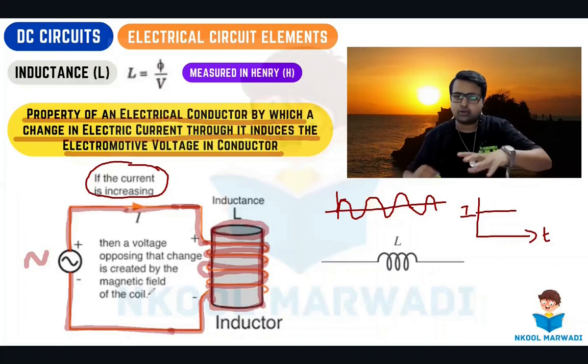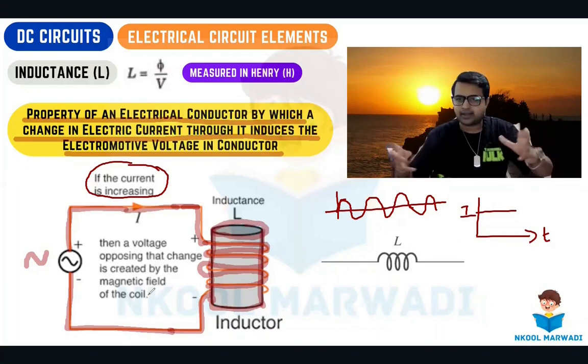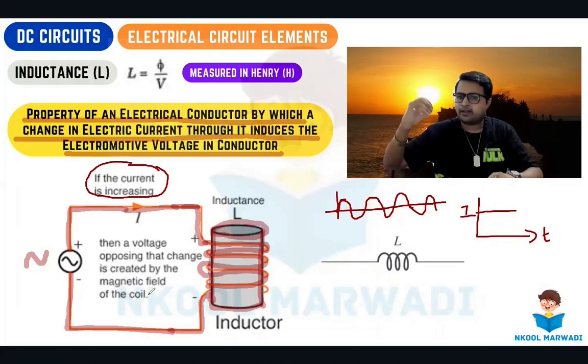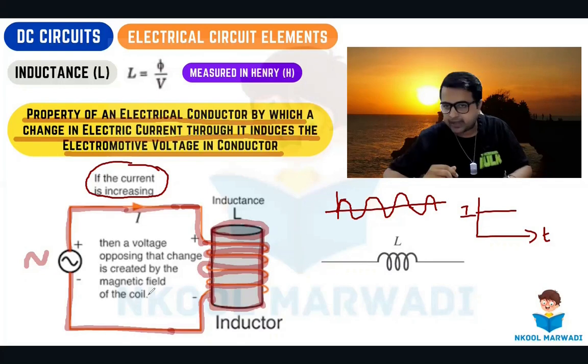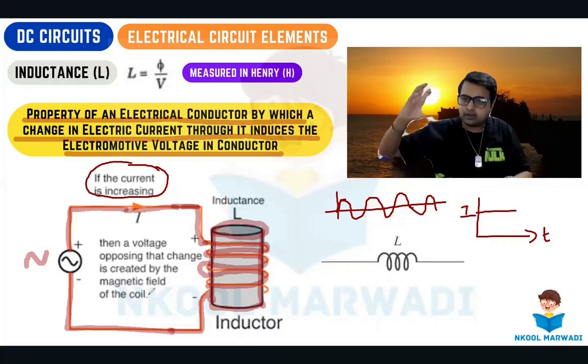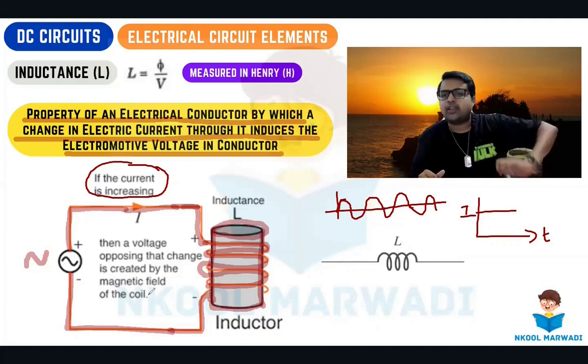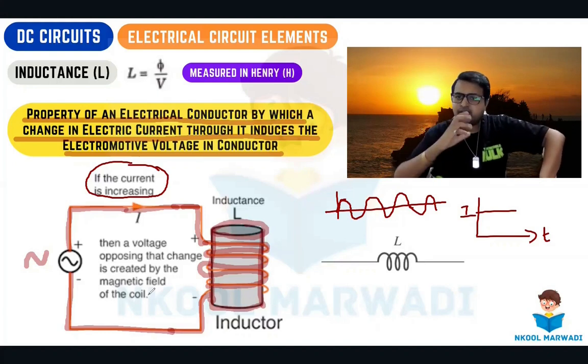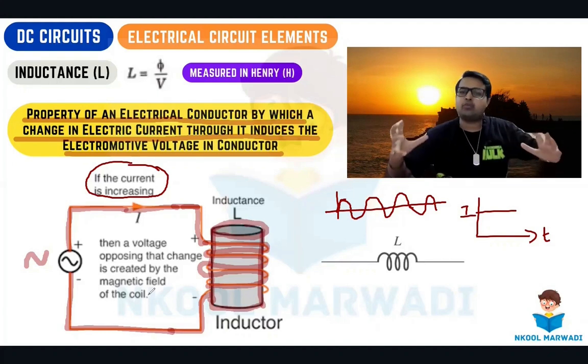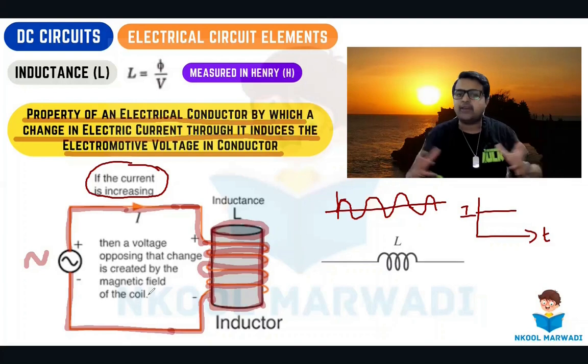Similarly, in electrical circuits, whenever current tries to increase in a conductor, there is some phenomenon like inertia in mechanics which tries to oppose the increase in current or the decrease in current. And that phenomenon we can link with inductance.